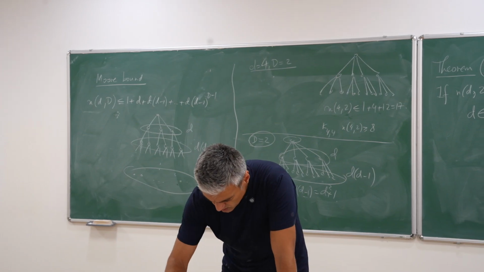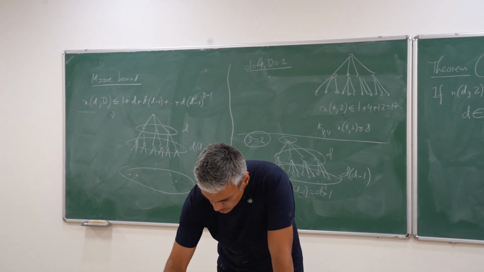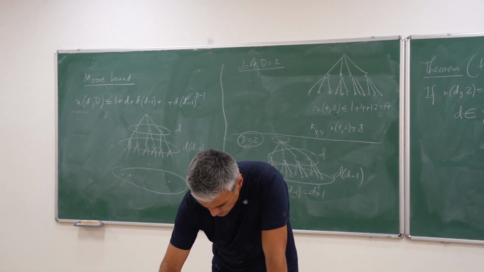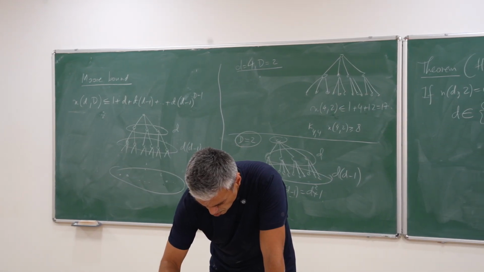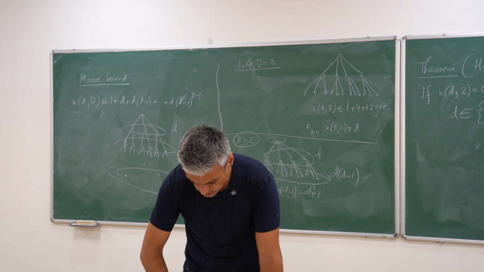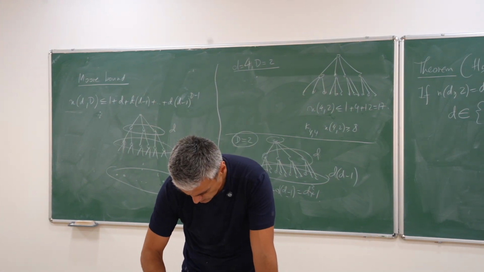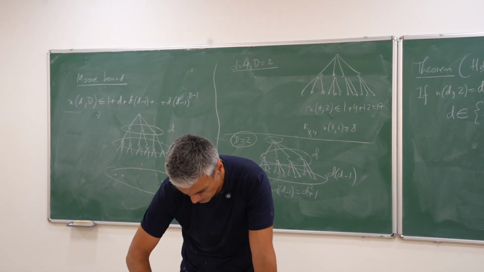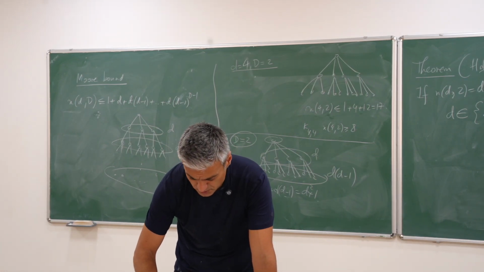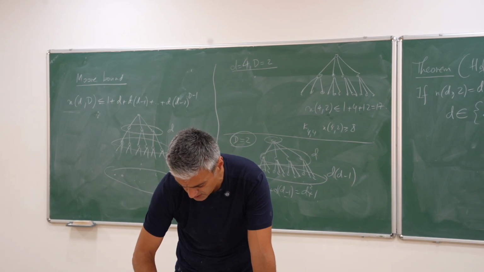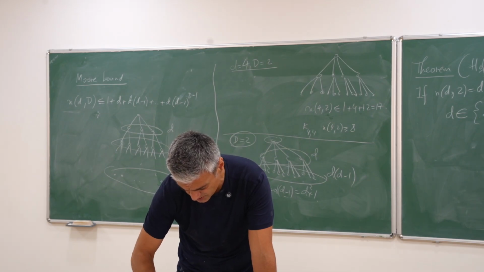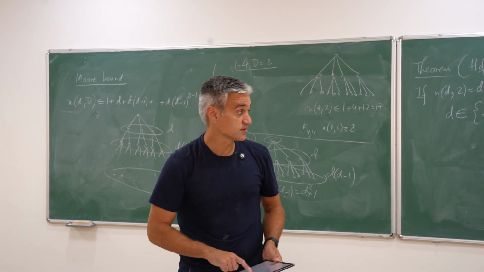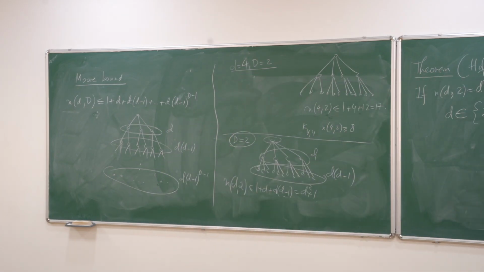I don't think I have them. One second. You can find this in the Brouwer and Haemers book, which is available on the internet for free. We can deduce them, but I'm not going to do that in the last lecture today.